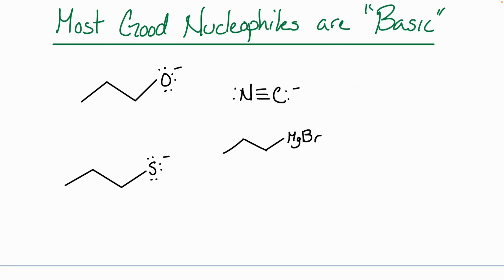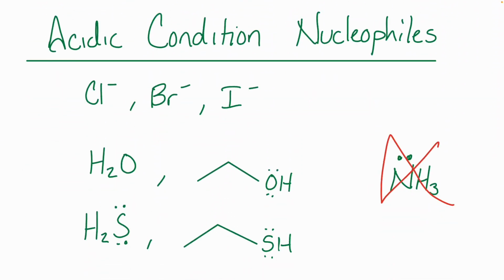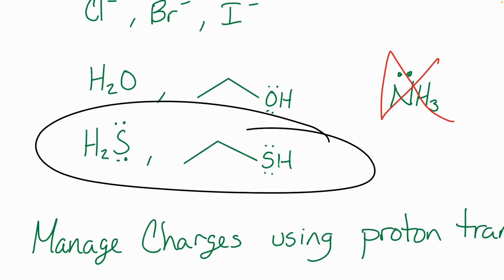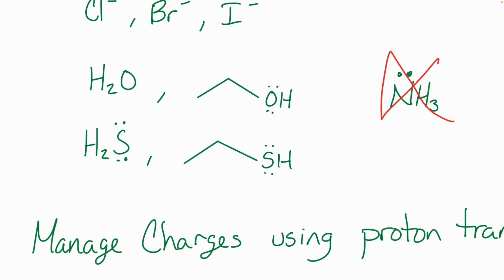When we made our list of acidic nucleophiles, we also saw sulfur on that list. Sulfur is just a great nucleophile, and it's even better because it's such a poor base. So it only really prefers substitution type reactions.